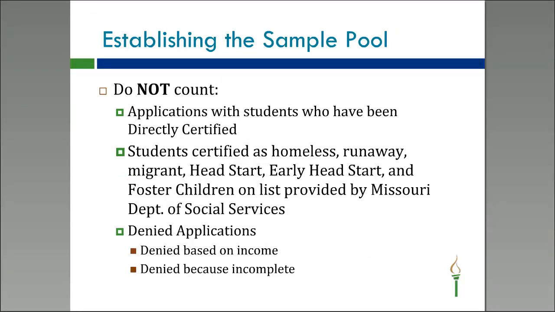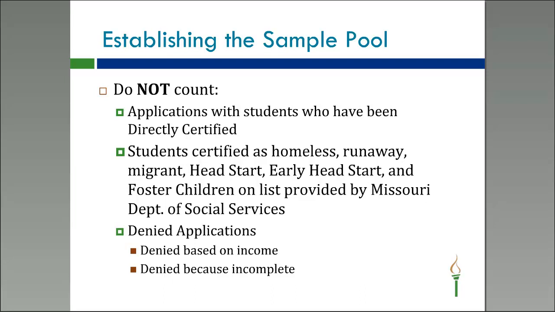When you're counting the applications, do not include applications with students who have been directly certified. Once they've been directly certified, those applications are disregarded because you're going to record them as directly certified, not as application. And those applications are not subject to verification.